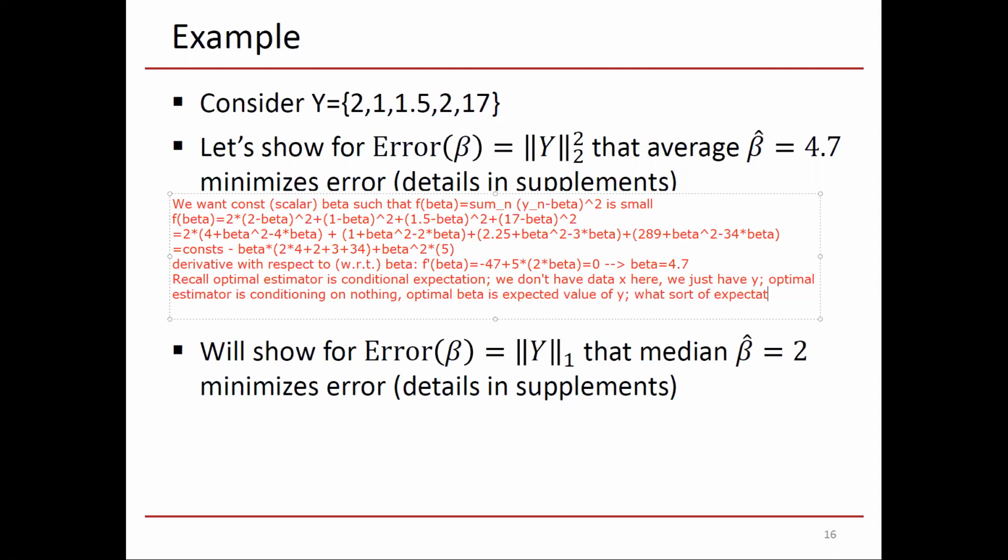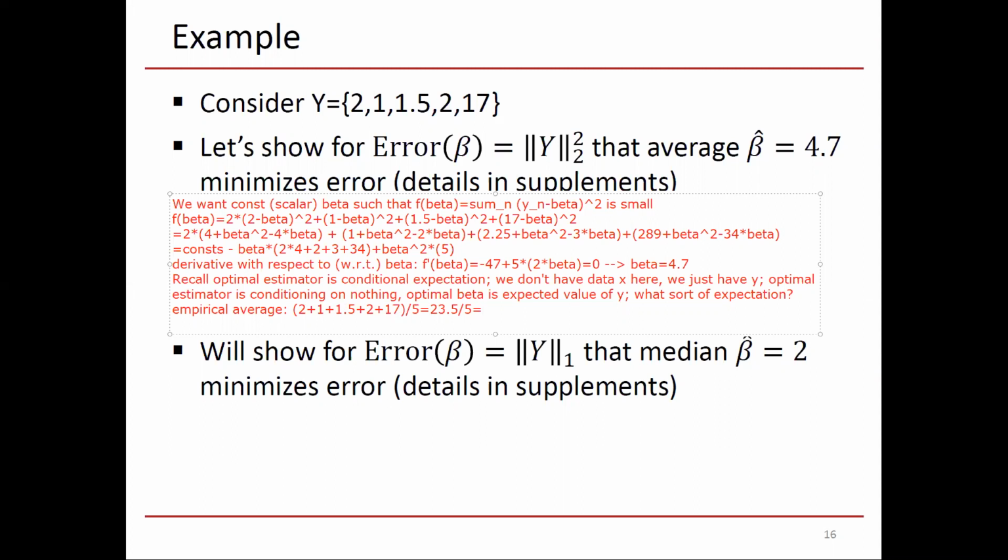Because we don't know the statistics of Y, we don't know the distribution. It's an empirical average. So 2 plus 1 plus 1.5 plus 2 plus 17, divided by 5 elements. 2 plus 1 is 3, plus 1.5 is 4.5, plus 2 is 6.5. 6.5 plus 17 is 23.5, divided by 5.